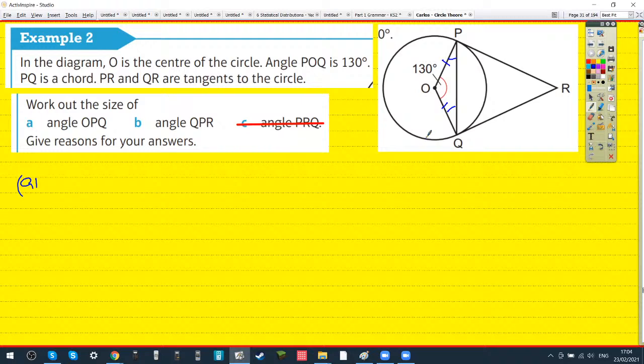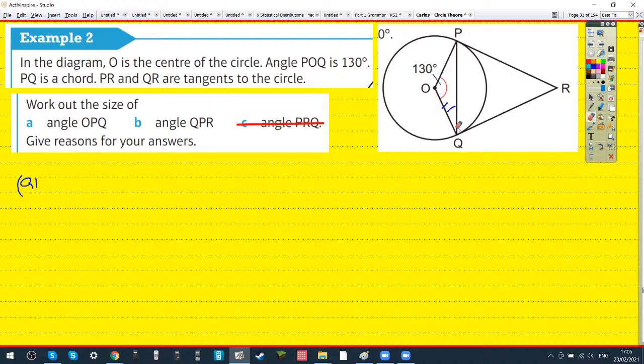What does it mean when it says O is 130? Wait, does that mean P and Q are 130 degrees? No, angle POQ, that's this one, P to O to Q. So that one there, it's like a sideways triangle.